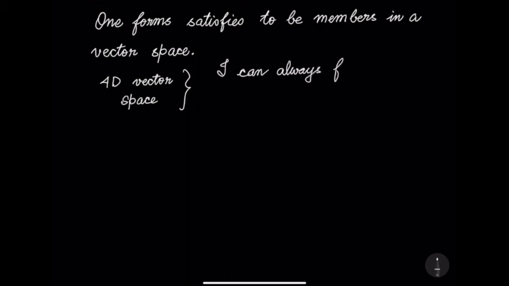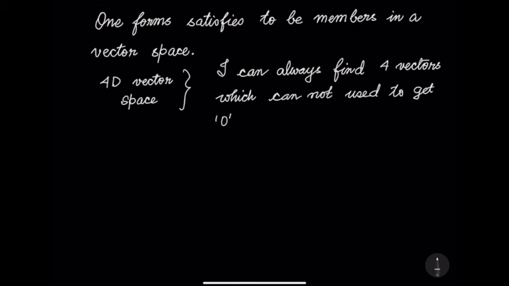Now, because I have this one form satisfying the requirements to be a member in a vector space, in a 4D vector space, I can always find 4 such vectors which cannot be used to get 0 by linearly combining.